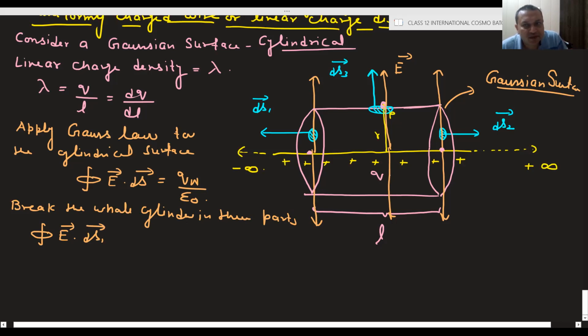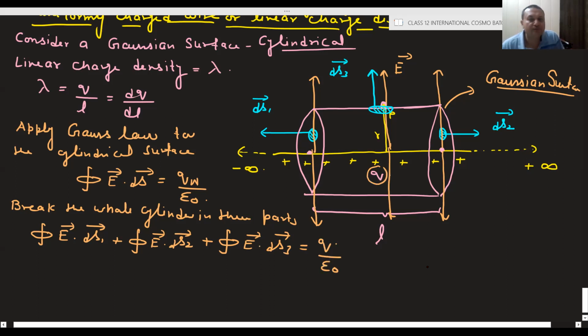First is this, second is this, plus E dot ds2 plus E dot ds3 equals how much charge is there inside the surface? Q. The charge is Q. Q upon epsilon naught. You consider the charge as Q.